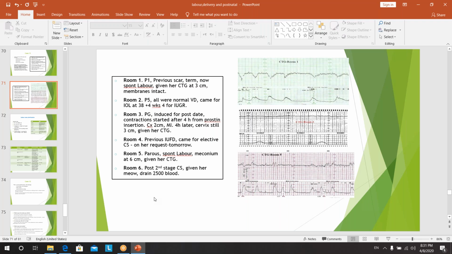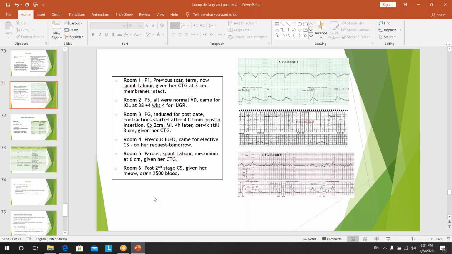If somebody has a pathological trace at 3 centimeters, it is not sensible to do an FBS for her, because she has to progress to 10 centimeters, and a pathological CTG from 3 to 10 centimeters would be risking too much, isn't it?